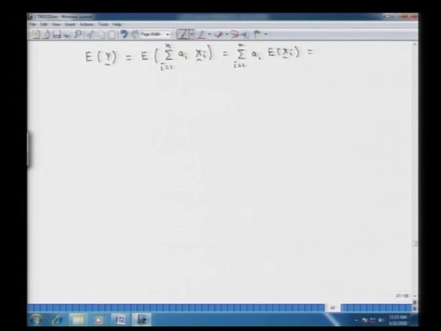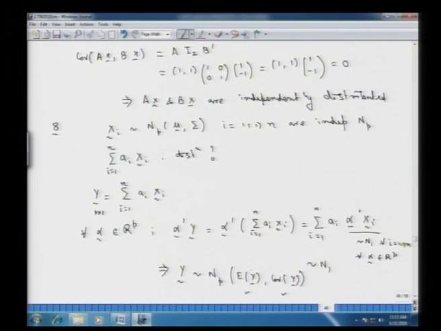So each one of them is going to be the mu vector. This mu is thus constant irrespective of the ith component, and then this is summation ai, where i is from 1 to n. So this completes the first part: the expectation of y is computed.